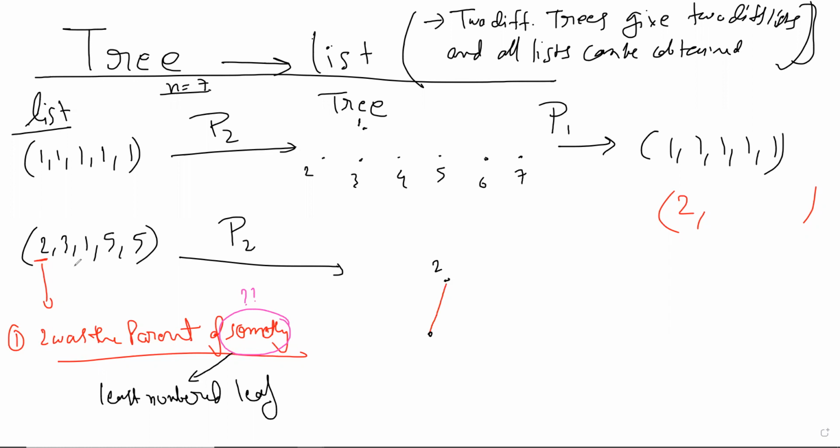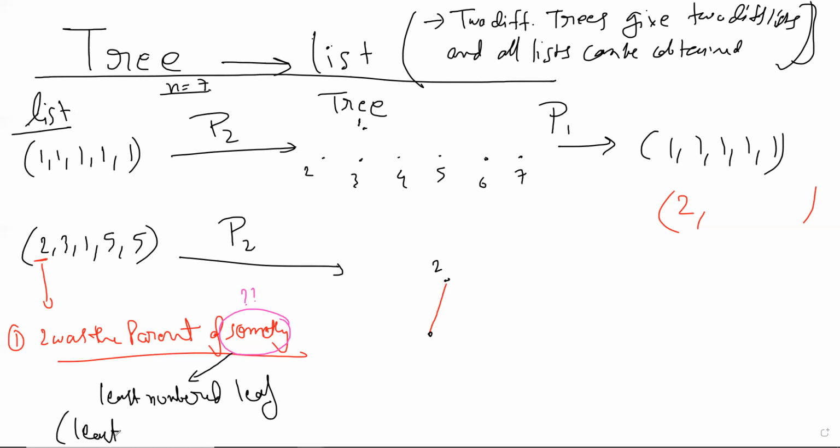And 3 is also a parent. It has to be the least number that is not in the list. Because you see the leaves. I think it is more fun if I write out all the properties.